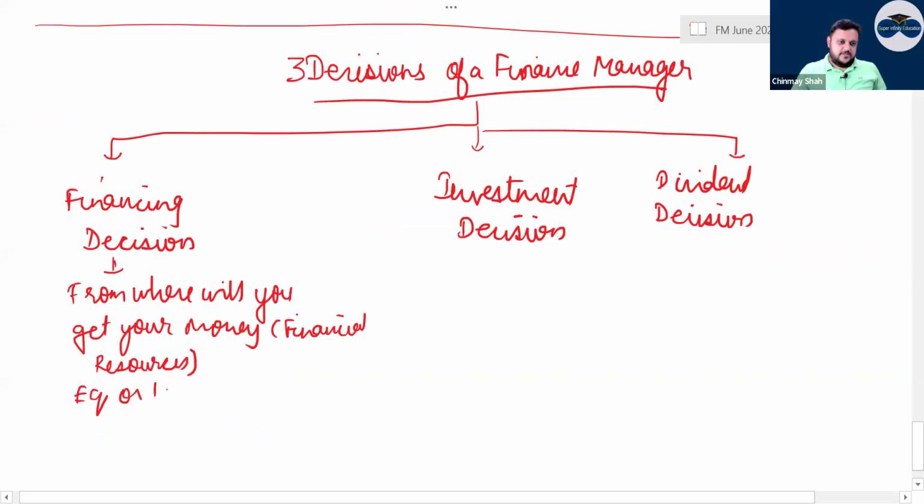Equity or debt. Then also, sir, do you require the money for short term or long term? What kind of finance do you want?